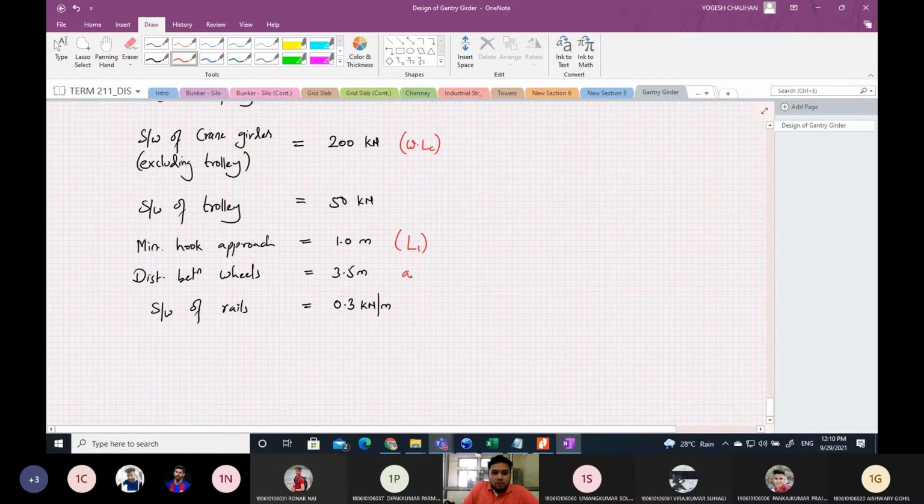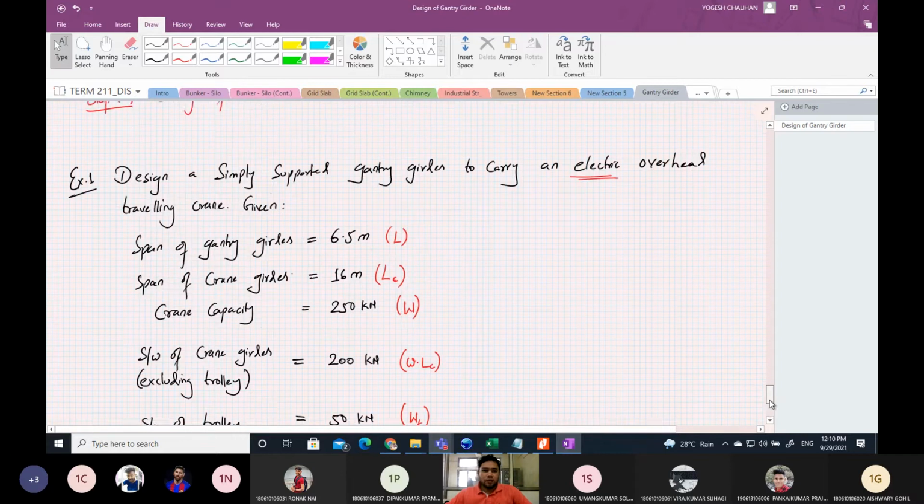Distance between the wheels is A. Let us call the trolley weight WT, for trolley. Okay, so these things we have.